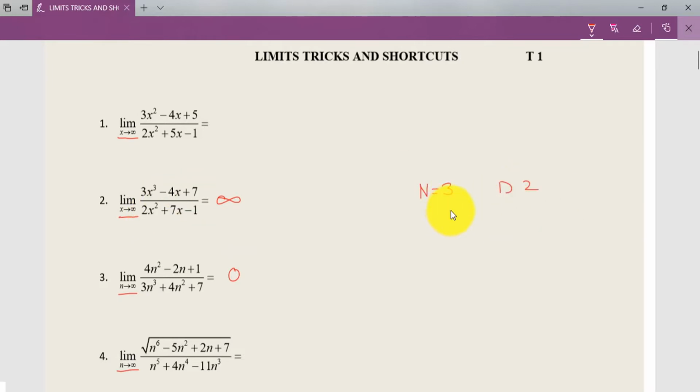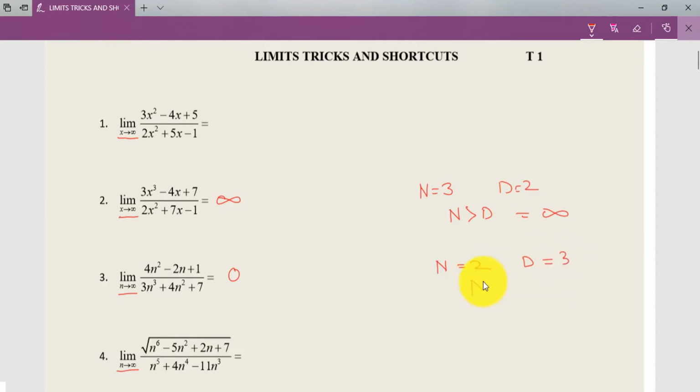If the highest power in the numerator is greater than that in the denominator, then your answer will always be infinity. Now coming back to this third question, the highest power in the numerator is 2, and in the denominator it is 3.